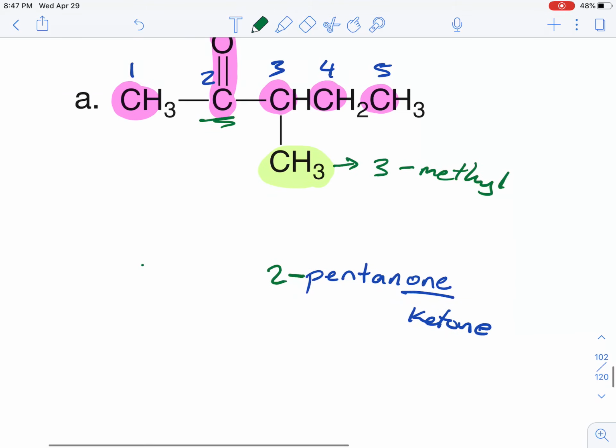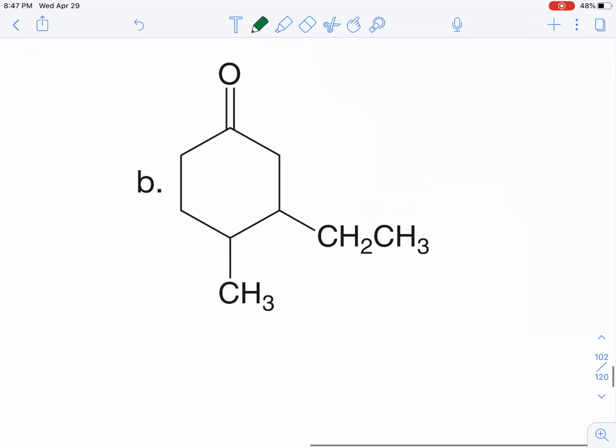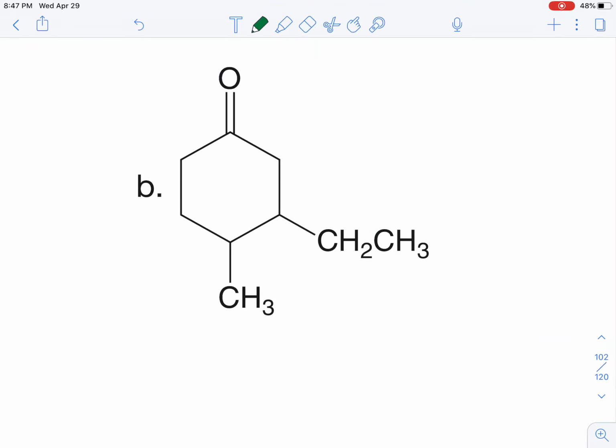Since I'm going from a letter to a number, I need to put a dash to connect them. And that would be it. So my final answer is 3-methyl-2-pentanone.